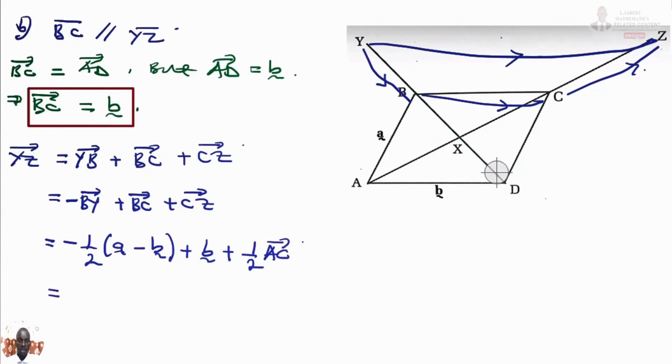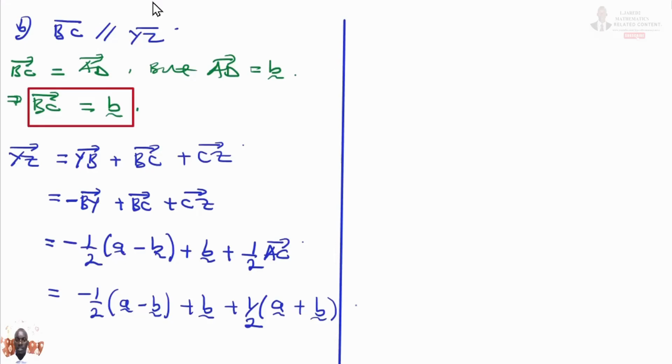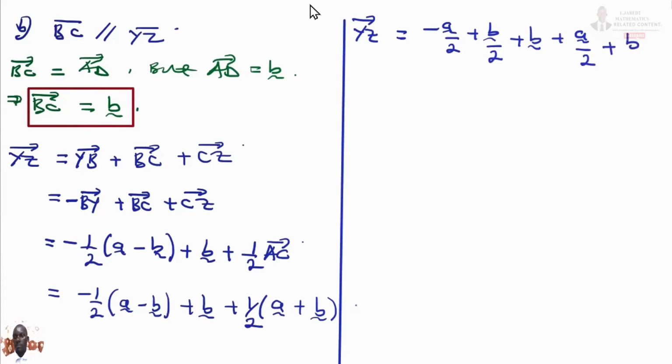As we simplify, this is the same as negative a half of vector A minus vector B, plus vector B, plus a half vector AC, which is the same as vector A plus vector B. Let's just open the brackets and see what we shall get. Vector YZ equals negative vector A over 2 plus vector B over 2 plus vector B plus vector A over 2 plus vector B over 2.